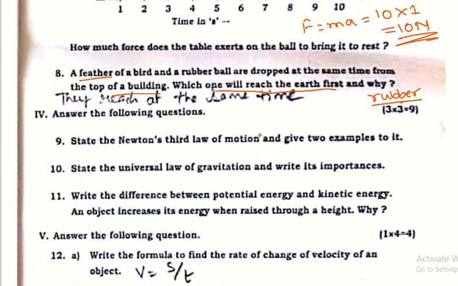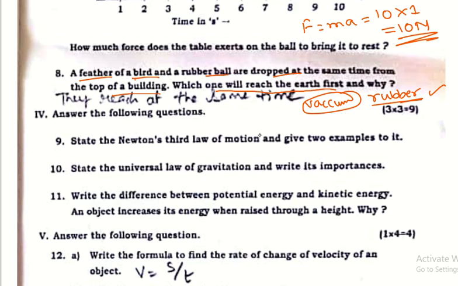Therefore the weight of the ball is also more. If both the rubber ball and the feather of the bird are dropped in a vacuum created chamber, they reach at the same time. But from the building, the rubber ball reaches the earth first.